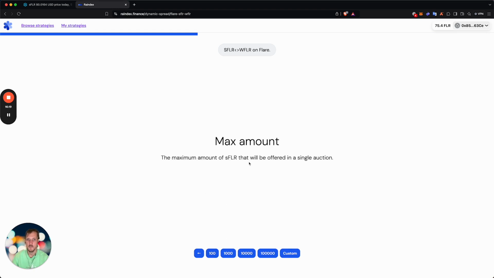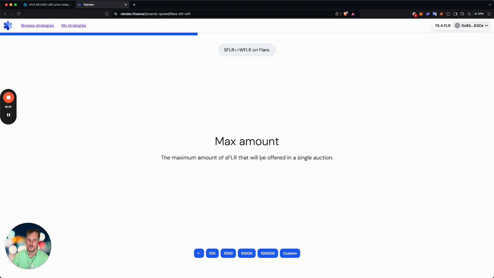So the maximum amount in a single auction. When the auction starts, remember that it offers the most tokens at the start of the auction. So as the spread is getting tighter due to the auction, it's also offering less for the trade. Once the spread gets very, very tight, that means that the market is quite slow.